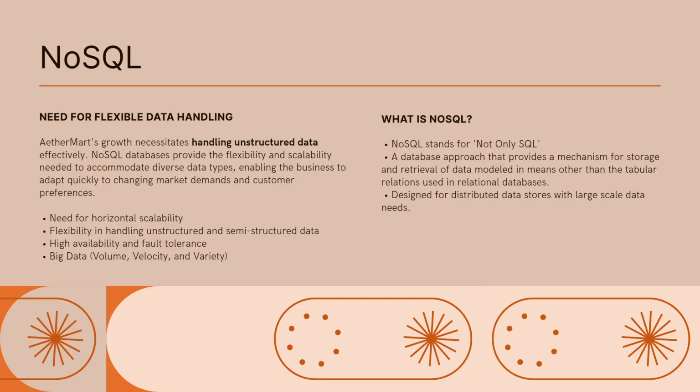And in our case, we actually want to handle unstructured data. So here NoSQL provides the flexibility to accommodate diverse data types, and it enables the business to adapt quickly to the changing market demands and preferences of customers.